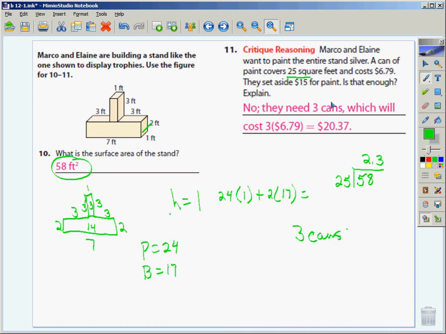If I buy 3 cans and each can costs $6.79, 3 times $6.79 is going to be $20.37. Did they have enough money saved up? No, because 15 isn't going to cover it. We all good? Understand the concept of dealing with a solid figure.